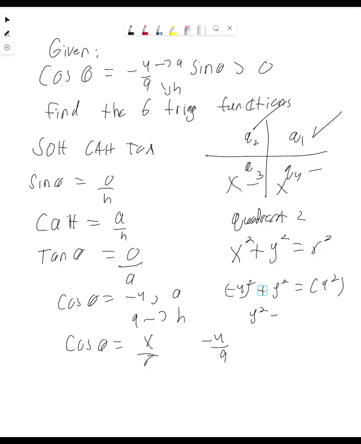So -4 squared plus y squared equals 9 squared. Y squared equals 9 squared minus 4 squared. So it's 81 minus 16.